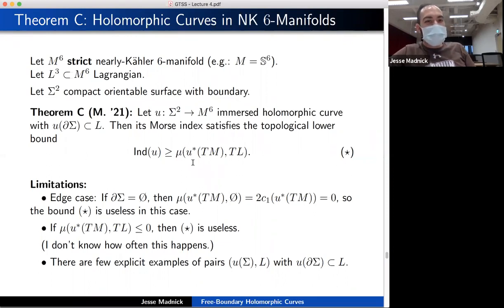I mean, they surely exist. There are surely plenty of them, but examples are very hard to come by. And I think it would be important and interesting to construct actual examples of holomorphic curves in, let's say, S6 with boundary lying on a Lagrangian, maybe other than the completely trivial example. Okay, so that would be an interesting direction for further investigations.